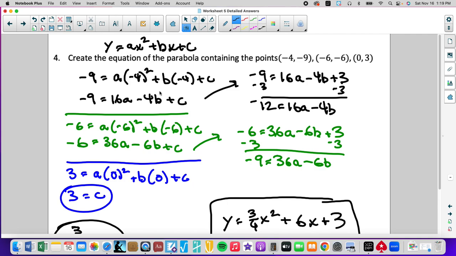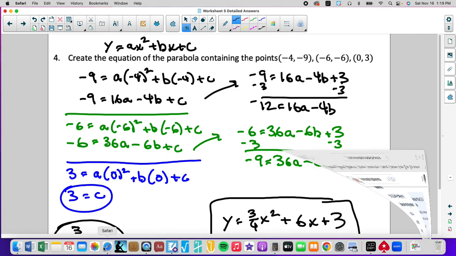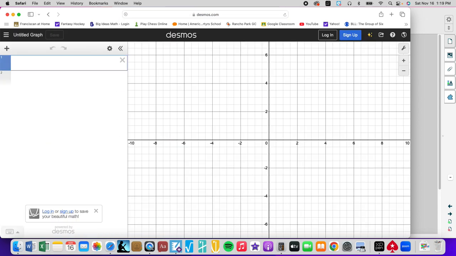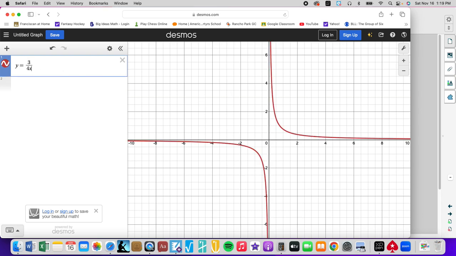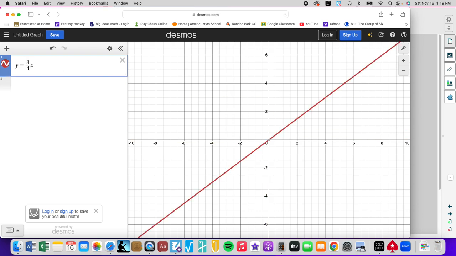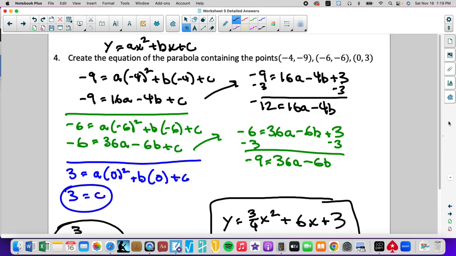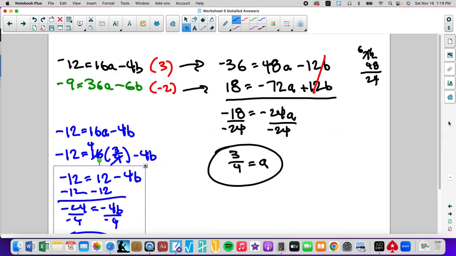Well, here's what we can do. Watch this, we'll go to Desmos. Let's enter in my equation, y equals 3/4 x squared plus 6x plus 3.